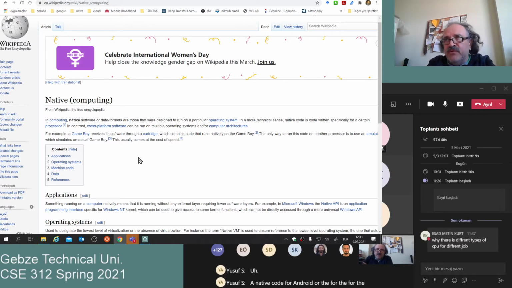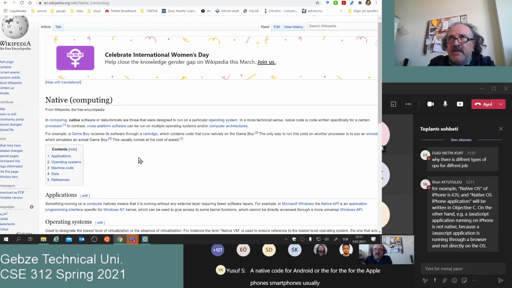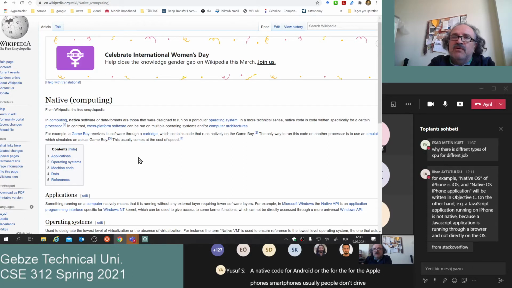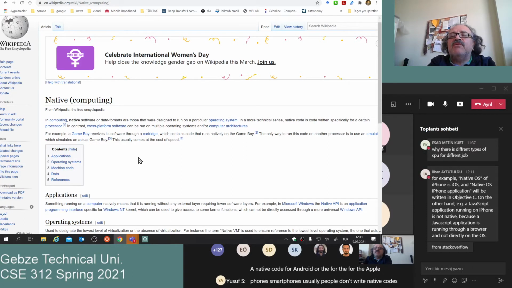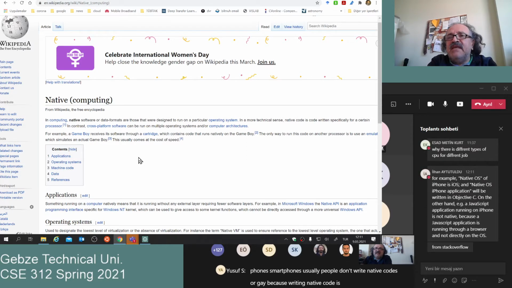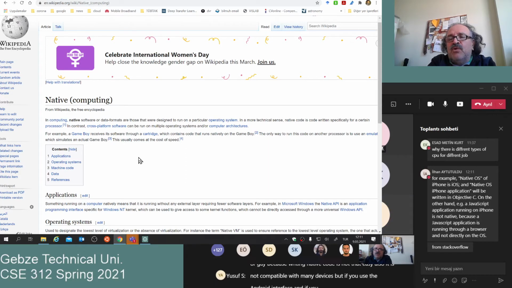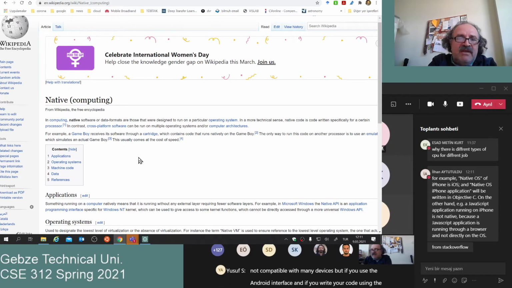For Android or Apple smartphones, usually people don't write native code, because writing native code is not that easy. Also, it is not compatible with many devices. But if you use the Android interface and write your code using the Java interface, it is going to run on whatever Android device you have.